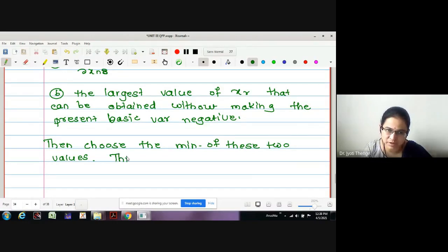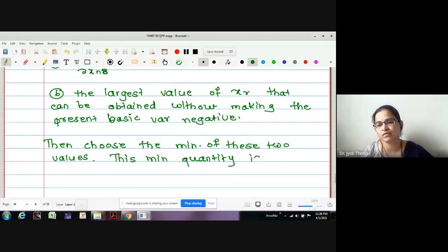And this minimum quantity is the value of xr, that is xr star.